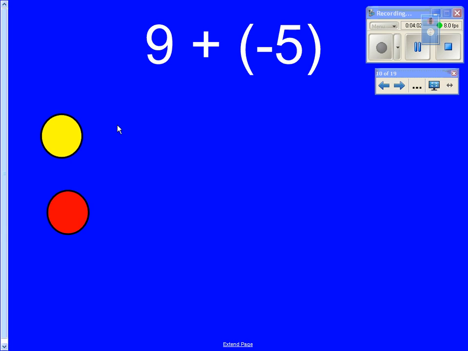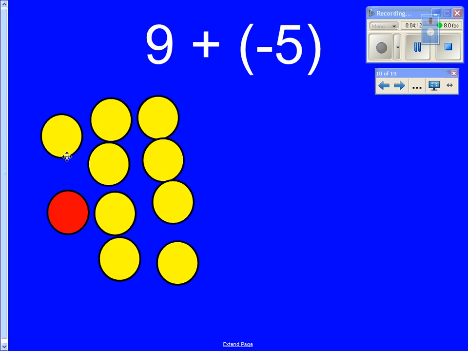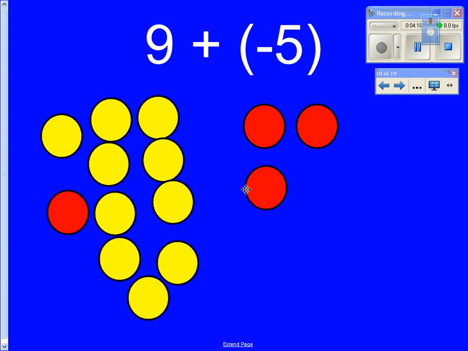Now 9 plus -5. This is a positive 9, so we're going to have 9 yellows, 2, 3, 4, 5, 6, 7, 8, 9, and 5 negatives, 5 reds, 1, 2, 3, 4, 5. Remember, yellows cancel out reds and reds cancel out yellows.